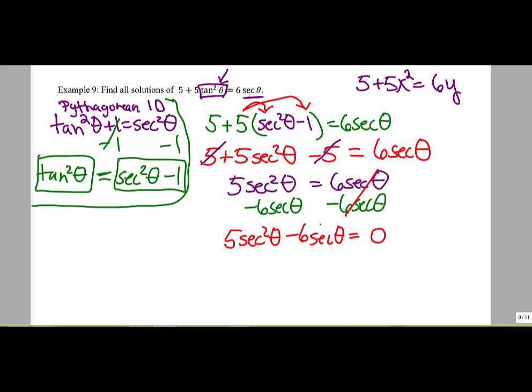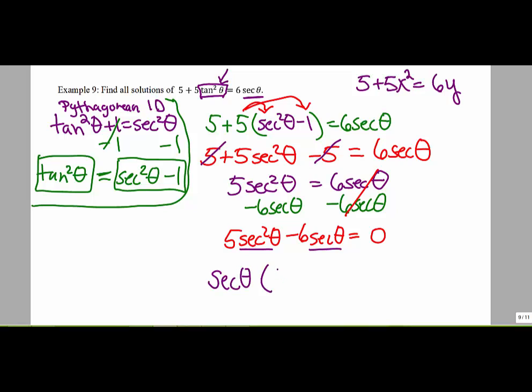So once everything is in terms of secant only, we're going to try to factor. Well, what is common between those two terms? They both have secant theta. So let's factor out secant theta.